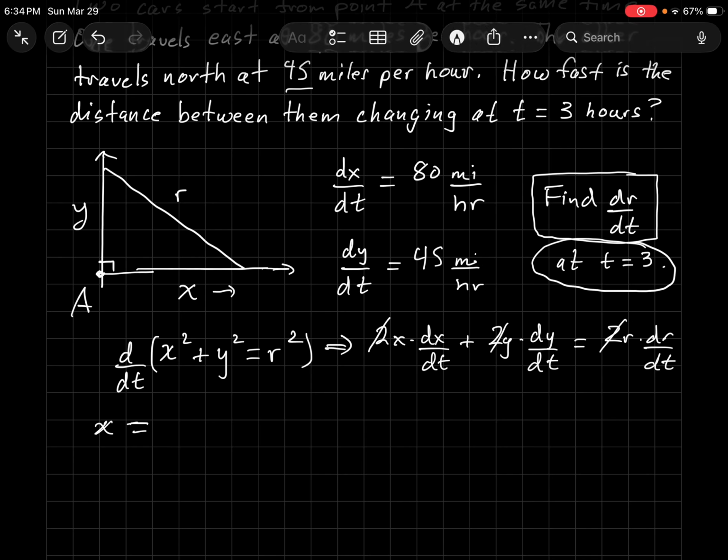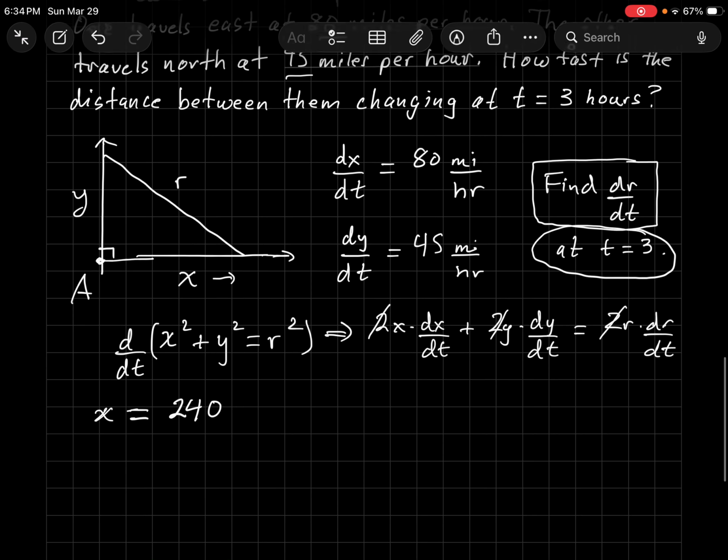That is, it equals 240 miles when t equals 3. Likewise, at t equals 3, since y is going 45 miles per hour, y equals 135 miles.